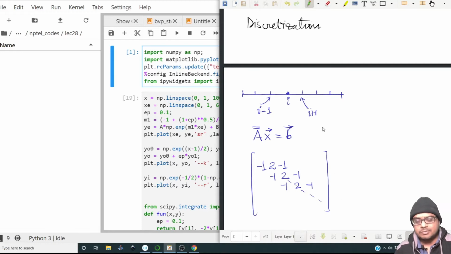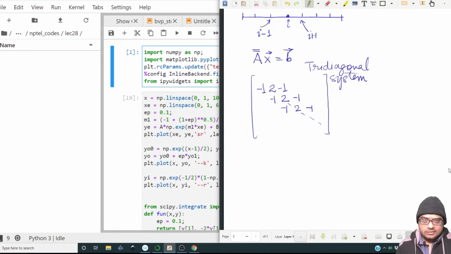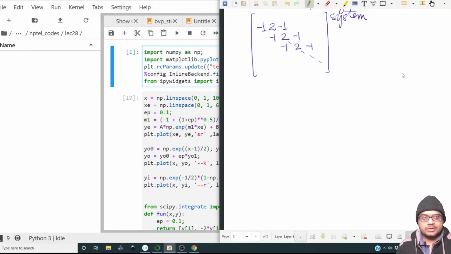So it was a tridiagonal system. But what about systems in two dimensions? Things start becoming slightly more complicated, and we will have a pentadiagonal matrix. But why is that? Let us see.